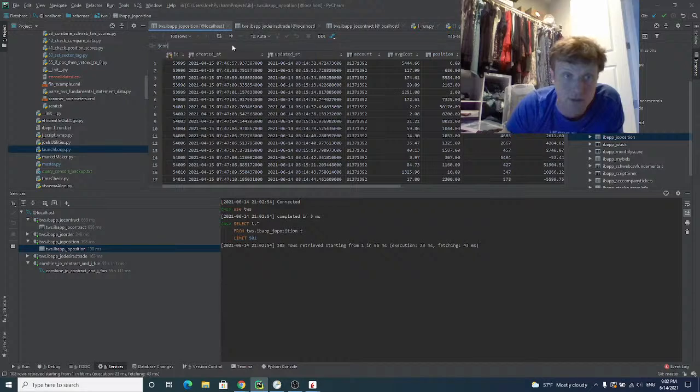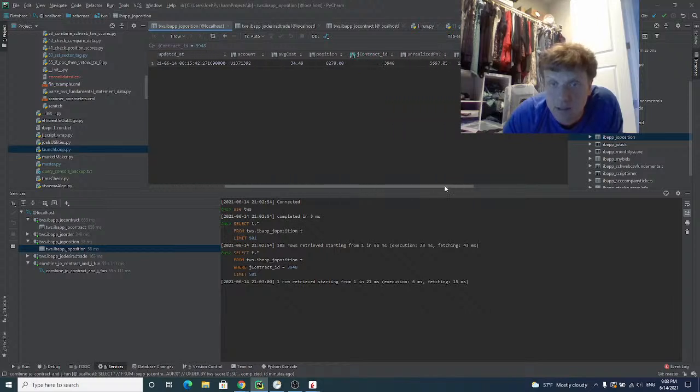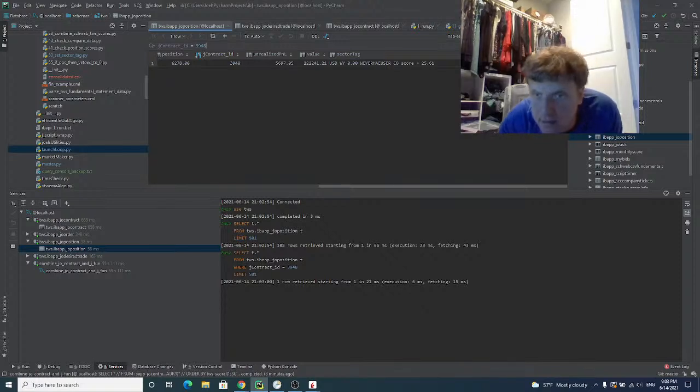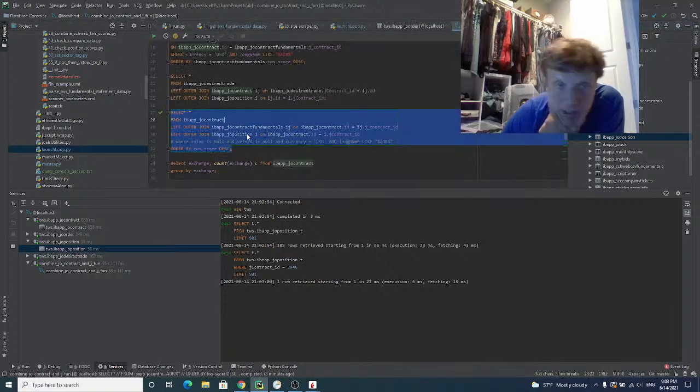Joe contract ID equals Weyerhaeuser. There's Weyerhaeuser. Okay, and it has it right there. For some reason that query just a second ago did not pull it back correctly. Let me go look at that little query.